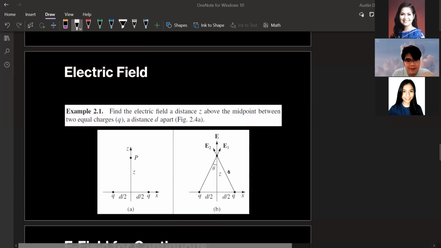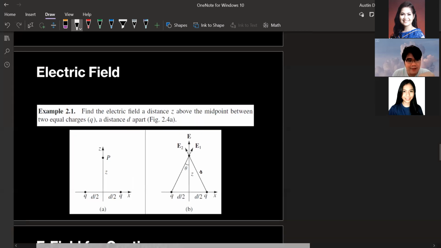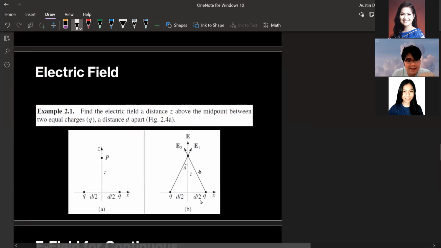And, ayun, kung mapansin natin, these are the same charges Q and Q. Okay? And then, kung dito, nakita niyo yung drawing, ito yung electric field, yung first charge, si E1, and then si E2 will be coming from this charge. Okay?